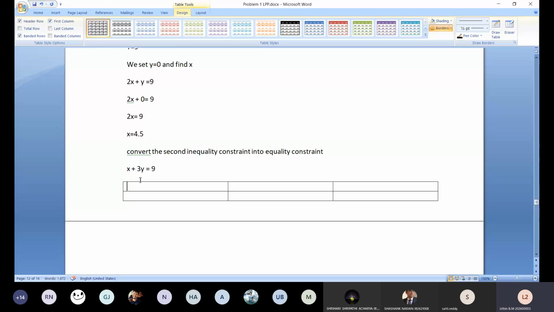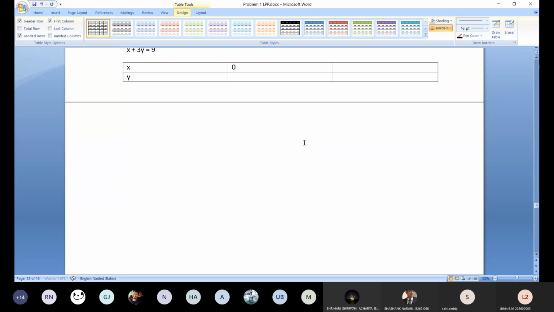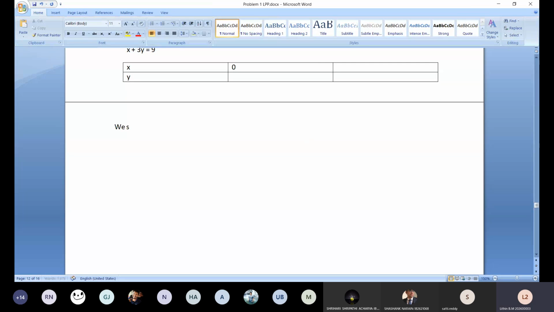Please do tell me if I am fast. I'm going a little fast because I hope you all are clear with this. So x equals 0. We set x equals to 0 and find y. This is x plus 3y equals 9. I'll just copy it down.